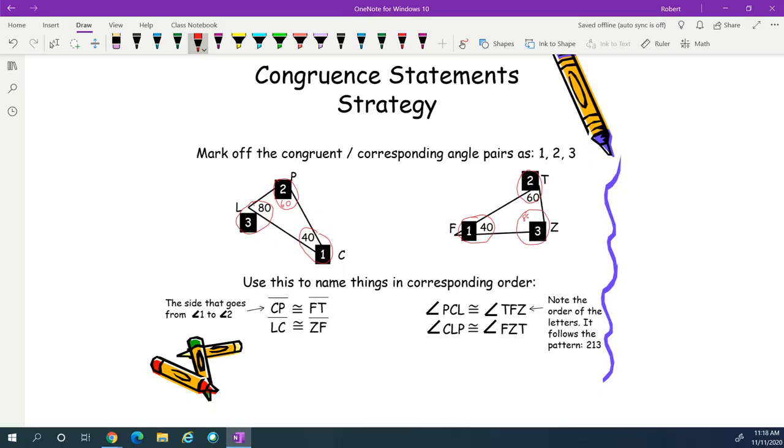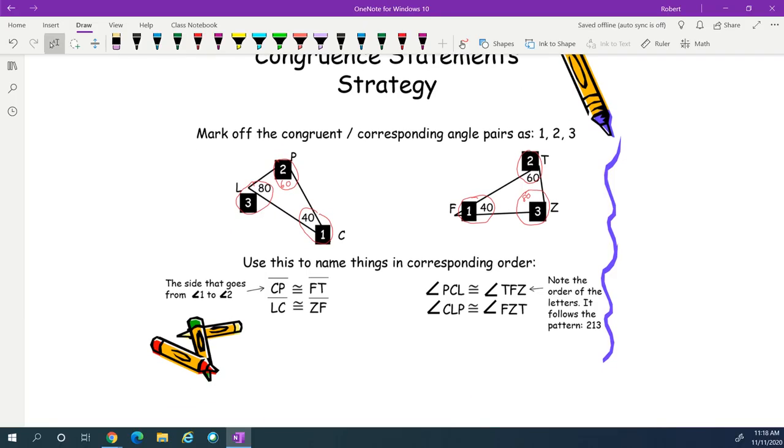And we have to know that they match. We've done that in our previous lessons. So I marked them off: 1, 2, 3, 1, 2, 3. Now I can read them off in whatever order I have to. For example, segment CP.